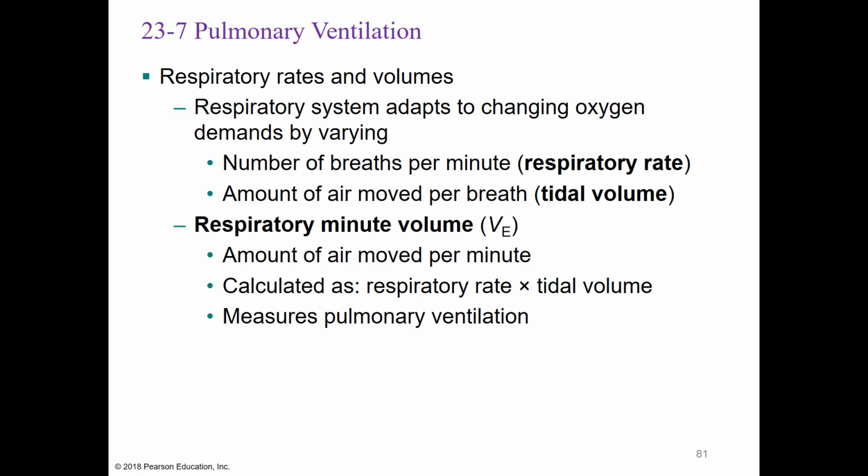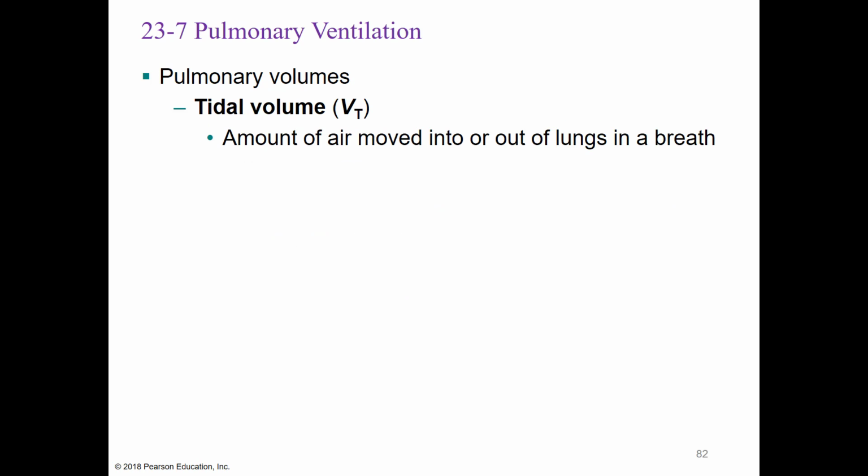The respiratory minute volume is the amount of air you move per minute, and you can calculate it by multiplying your respiratory rate by your tidal volume. And this will measure your pulmonary ventilation. Pulmonary volumes, like the tidal volume, is again the amount of air you move into or out of the lungs in each breath.